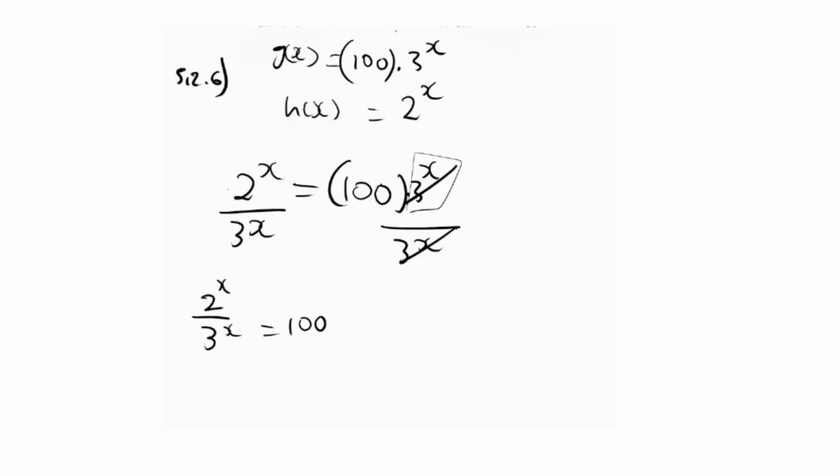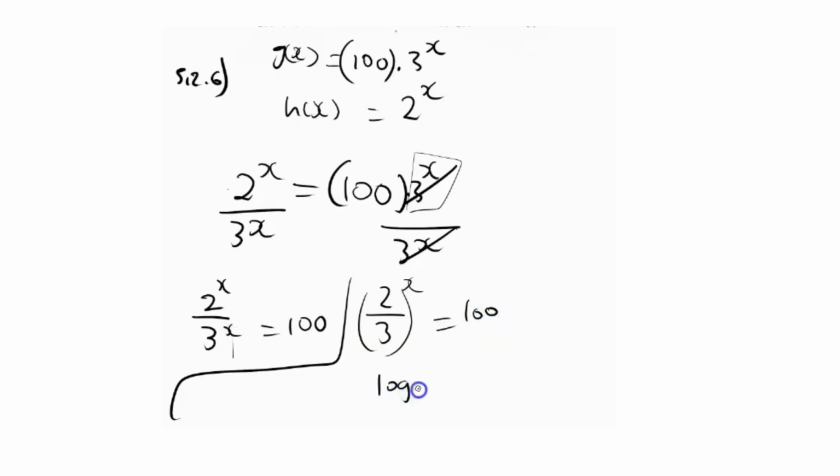So now it's going to be 2 over 3, all of them to the power x, because the power is the same now. So now it's easy for us to do a logarithm. For the inverse, it's going to be log base 2 over 3 of 100 is equal to x.